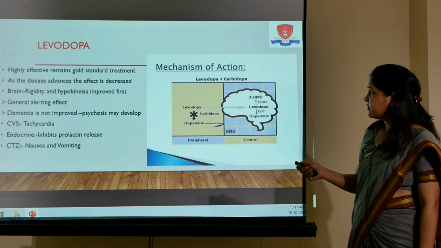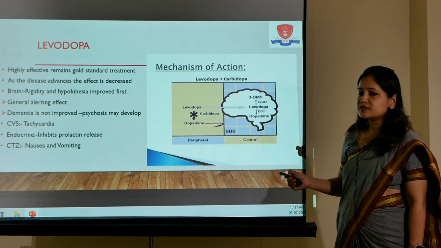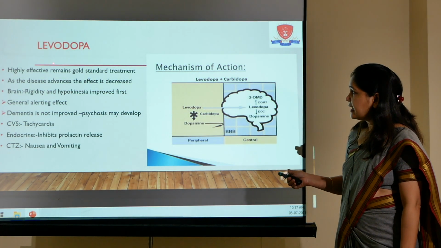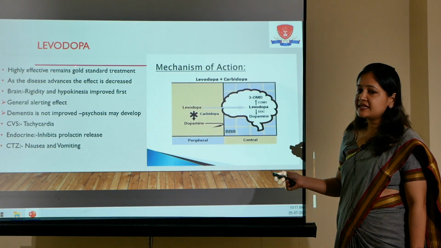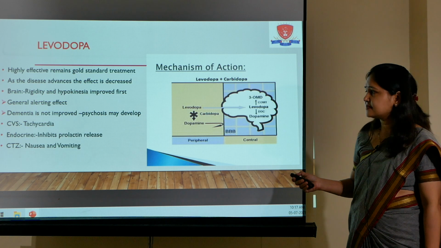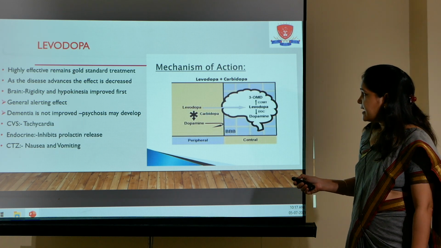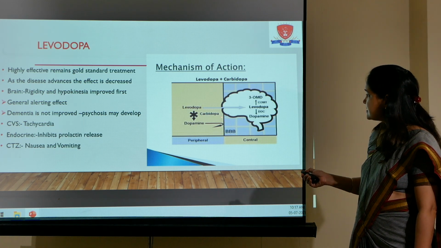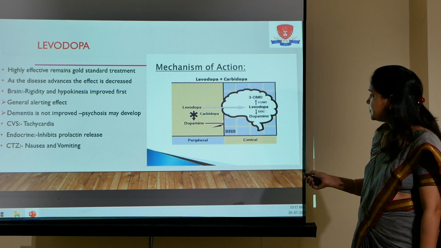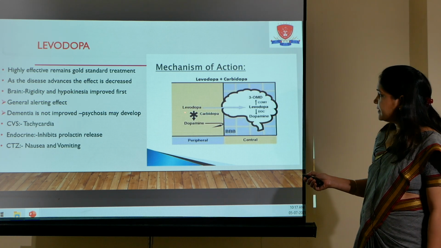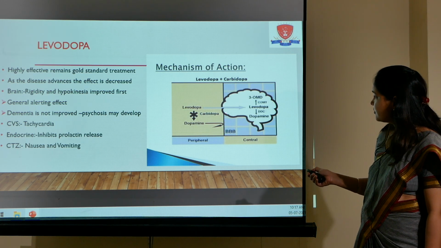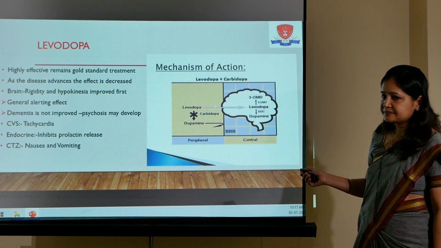So let's begin first with levodopa, the most important class of this group. This is a highly effective drug and remains the gold standard treatment of Parkinson's disease. As such, dopamine cannot cross the blood-brain barrier. Levodopa is a prodrug form of dopamine which can cross the blood-brain barrier.